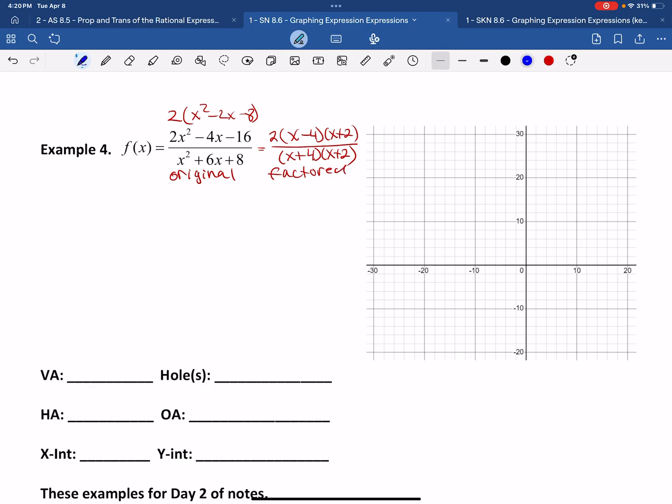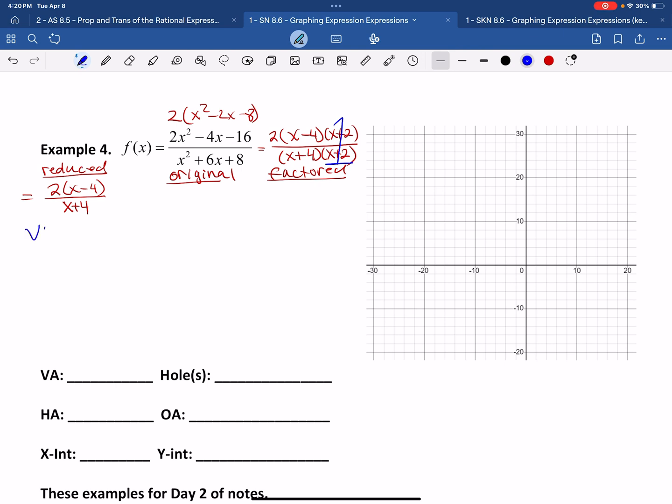Okay, and then these two will reduce. So I'm going to write reduced form over here equals 2 times x minus 4 over x plus 4. And just to save some space, I'm going to write reduced up here. Okay, here we go.